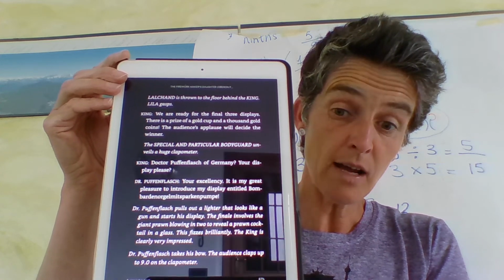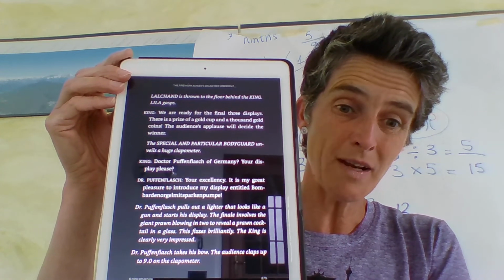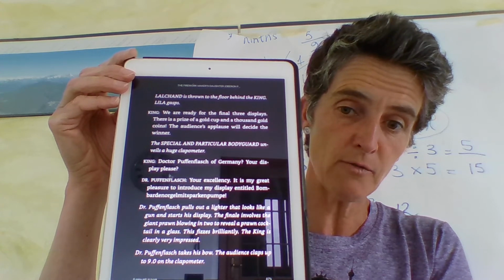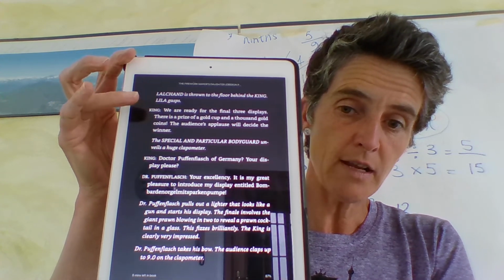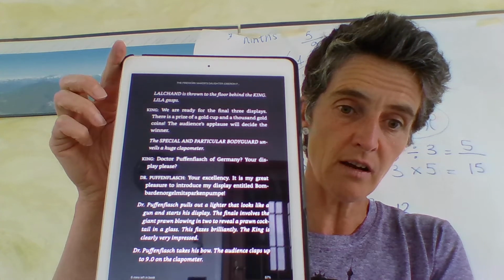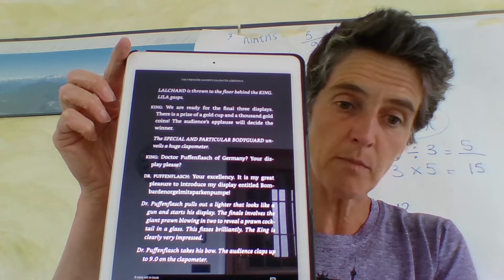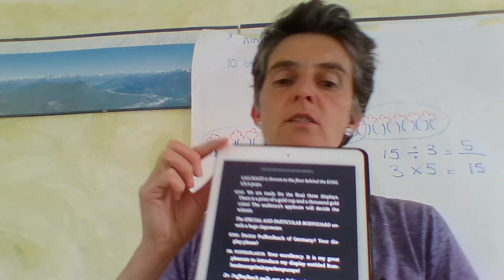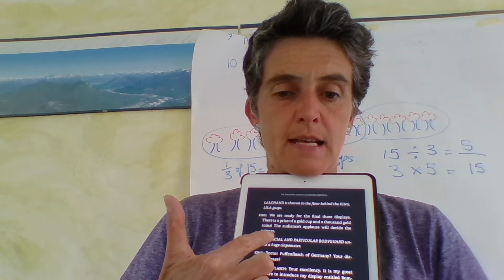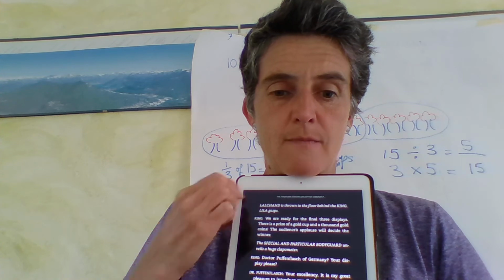But what we did as well is we reminded ourselves that when a play script is set out, it's not like a story, is it? You've got the characters down the side, you've got their names to show who's speaking. There are no speech bubbles, there are no speech marks, just the words of what the speaker says next to their name.